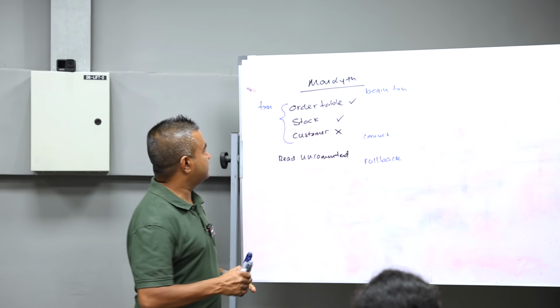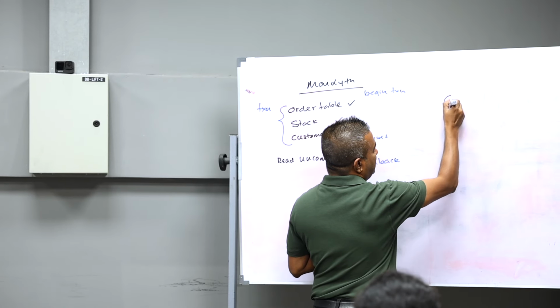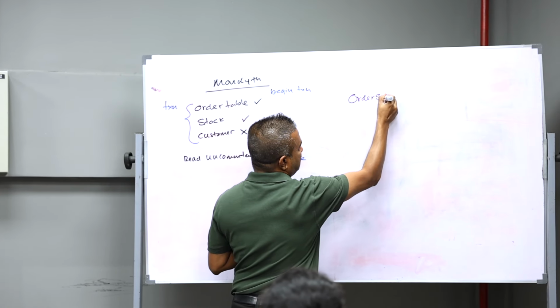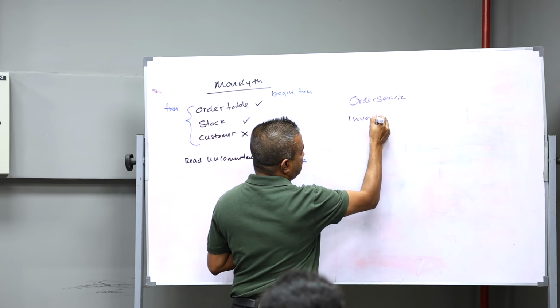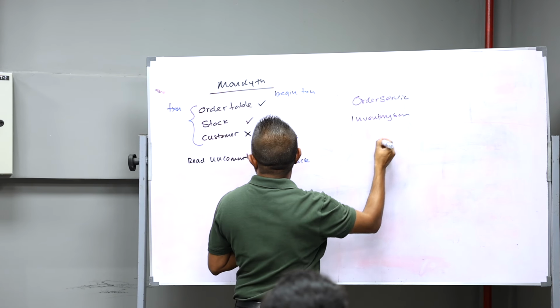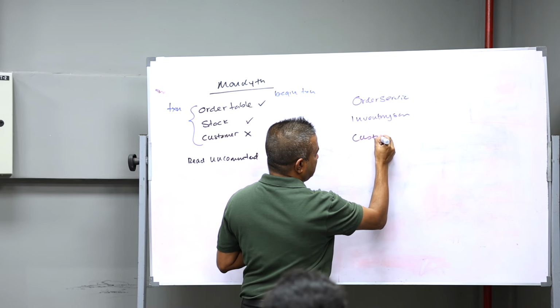Now, when it comes to microservices, we have worse problems. For the order, we have an order service. For the stock, we have an inventory service. For the customer, we have a customer service.